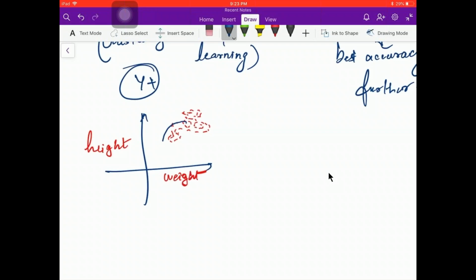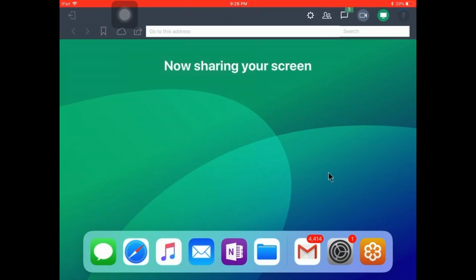Let me try to connect my iPad if I can, very fast. Okay, so we are online.